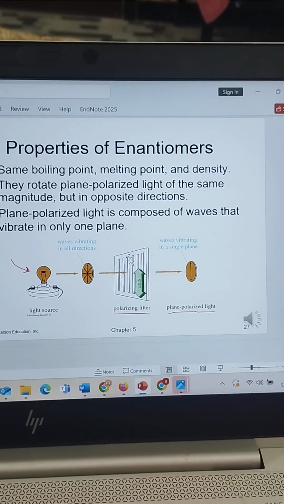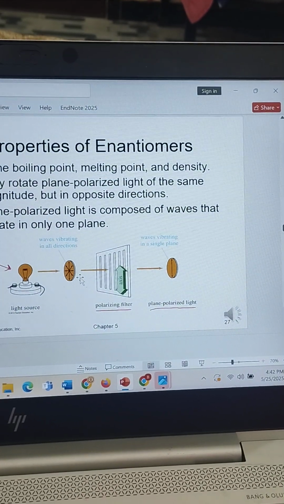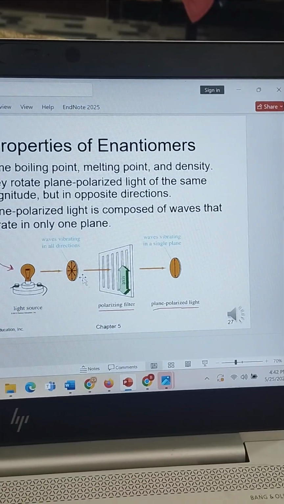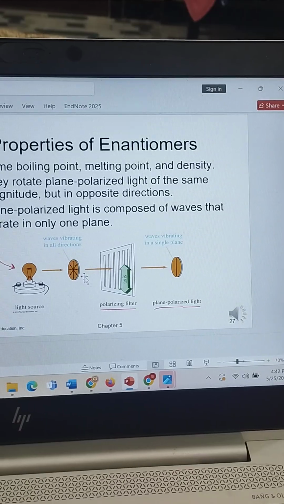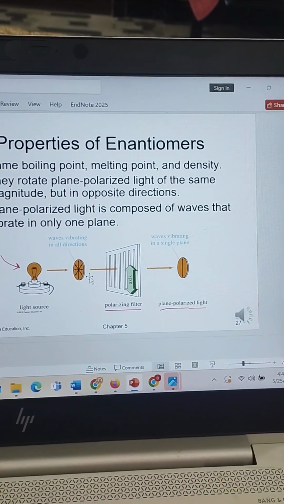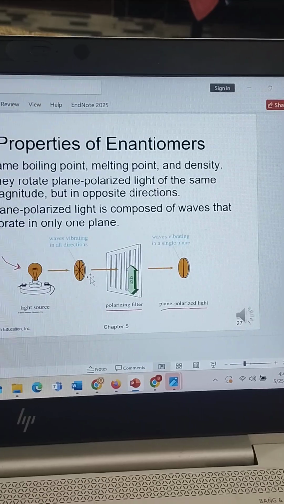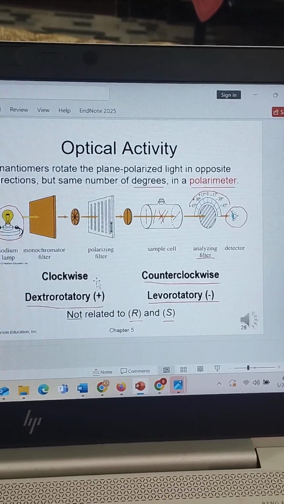If the plane polarized light rotates towards the clockwise direction, then as an experiment we will figure out that the molecule is in R configuration, and if it is rotating in the anti-clockwise direction, then the molecule would be in S configuration.